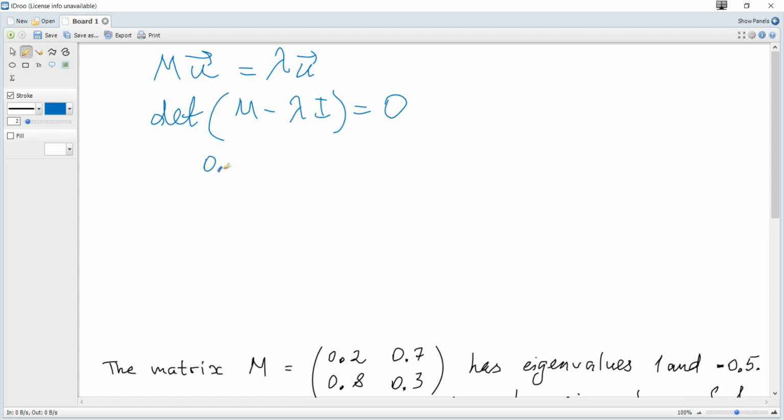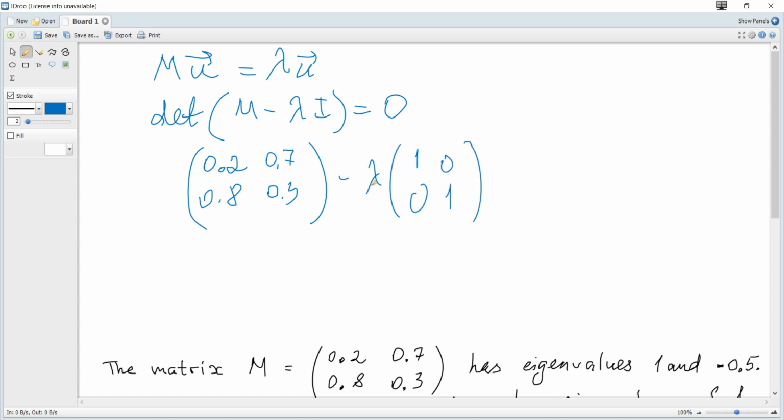What is M? M is [0.2, 0.8; 0.7, 0.3] minus lambda times [1, 0; 0, 1]. When some scalar or number is multiplied by a matrix, each element is multiplied by lambda, so it becomes [lambda, 0; 0, lambda]. And how to subtract or add matrices? You just do this operation for every component, at corresponding places.